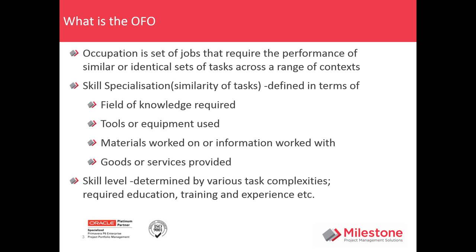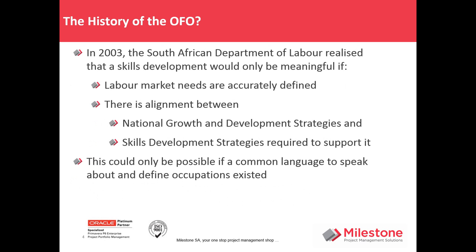And for those of you who know P6 and have planned projects in P6, I think you already know where I'm going with this. Let's just look back in time at where it actually comes from. In 2003, our Department of Labor decided that if they were going to grow the national skill level of occupations, they would need to have a standard library, a data dictionary of occupations.